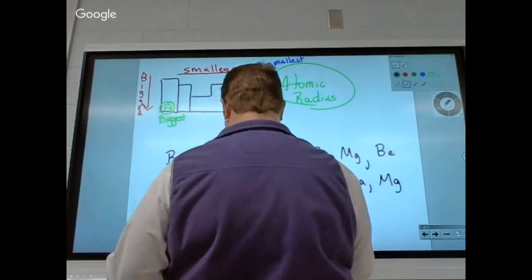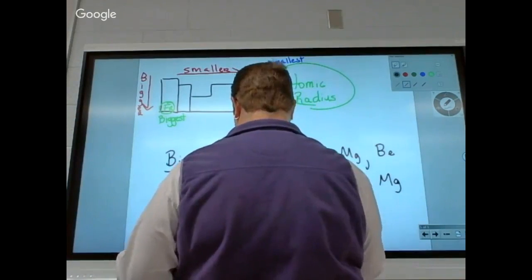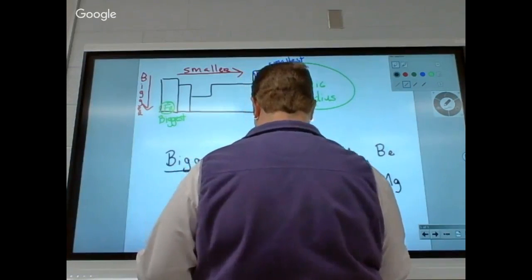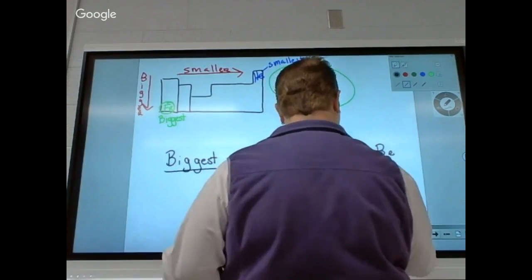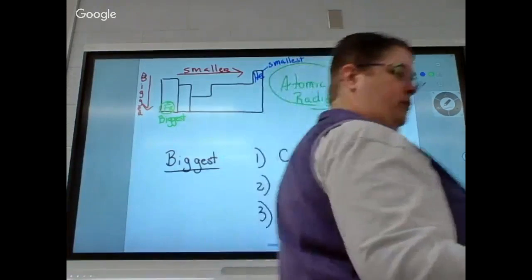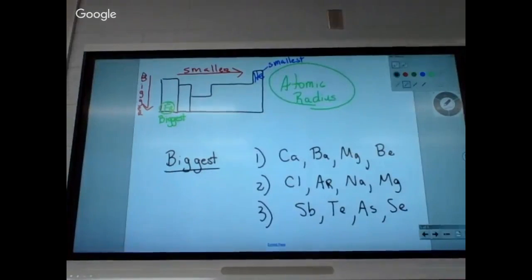And number 3, SB, TE, AS, and SE. I want you to find the biggest in all 3 of those questions. Which element has the largest atomic radius in all 3 questions?